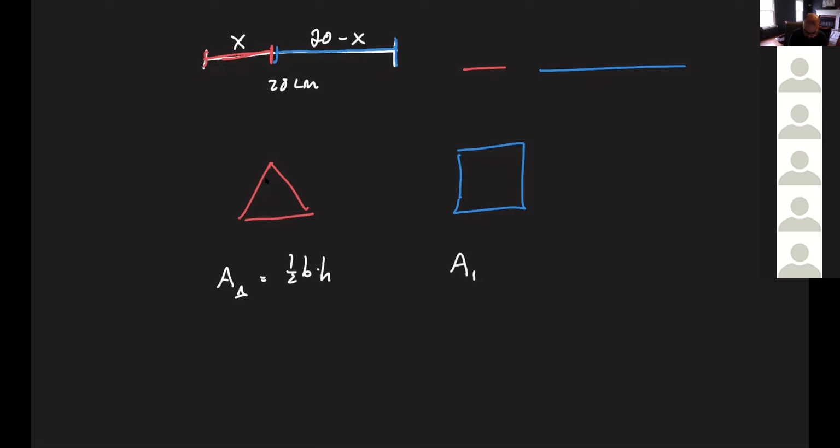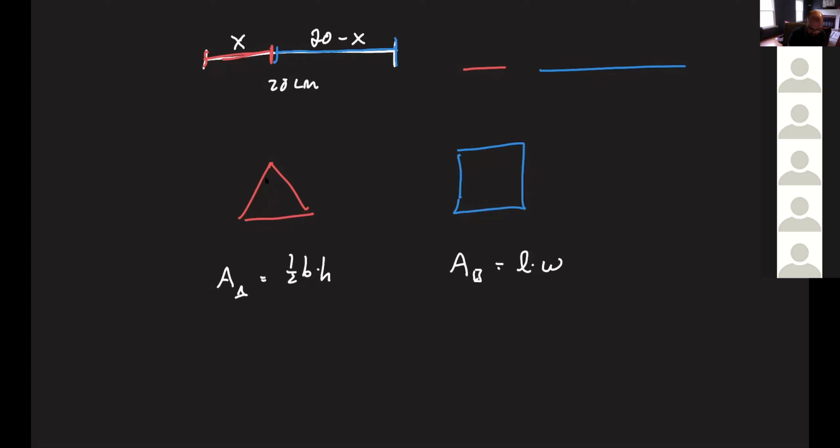And then the area of my square is going to be the side length squared. You can think about it as length times width if you want, since it is a rectangle. So you can see the parameters here: I'm going to need to know the length of this base, I'm also going to need to know the height, and then I need to know the sides here.